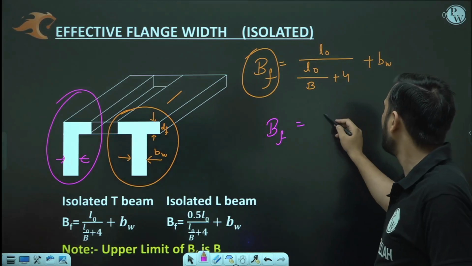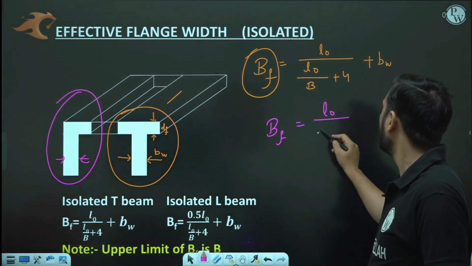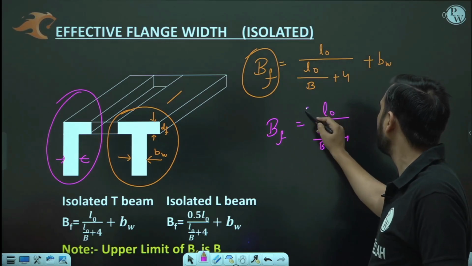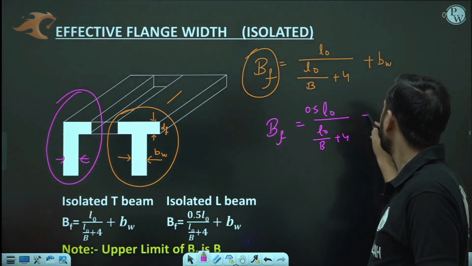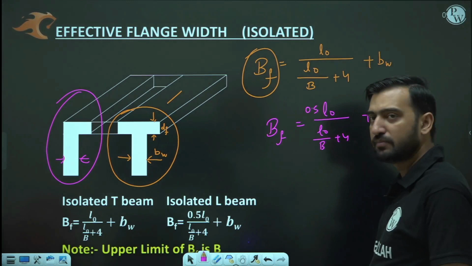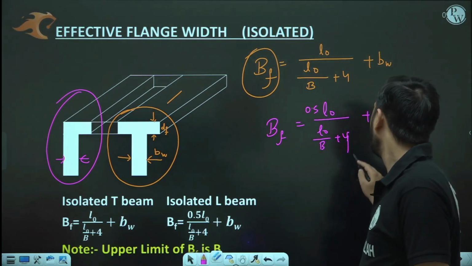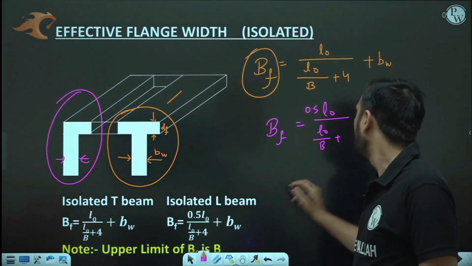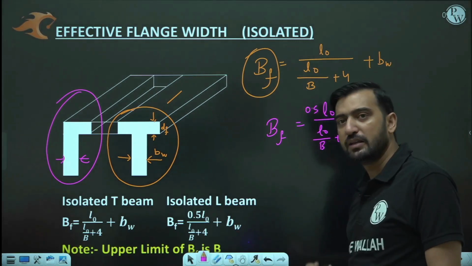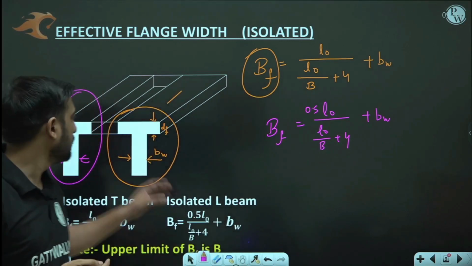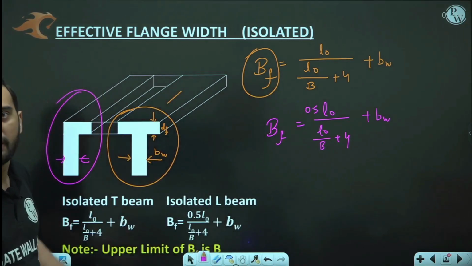So what you are going to do is L naught upon (L naught over B plus 4), make it half, or simply multiply it by 0.5, plus BW. Rest of the things are the same. And here as well, the upper limit of BF is equal to B only, meaning this width only is the upper limit.